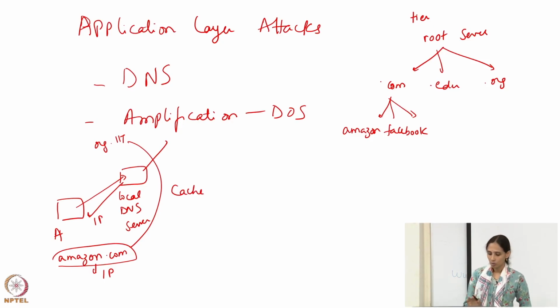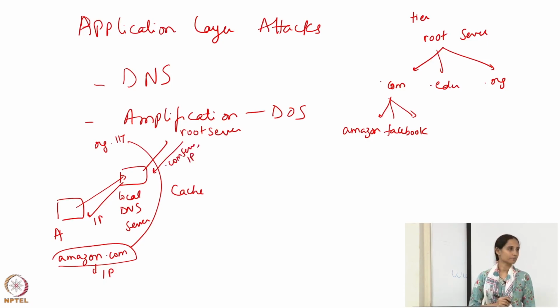Now, what it will do is it will first go ahead and contact the root server and ask, do you know what the IP address of amazon.com is? The root server will say, I do not know what the IP address of amazon.com is, why do not you contact the .com server, and it will tell you what the IP address of the .com server is.